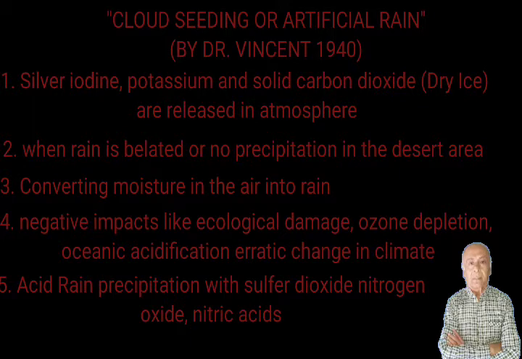Point number 1 is silver iodide, potassium, and dry ice, or we can say carbon dioxide. These are the chemical substances which are released into the atmosphere, and these chemicals convert whatever moisture we have in the air into water, which starts falling on the ground in the form of rain.